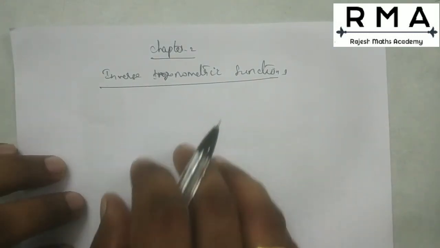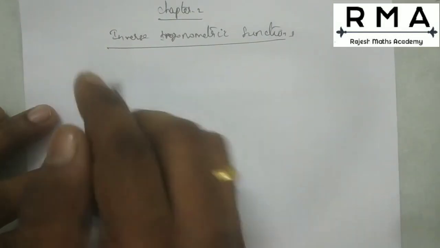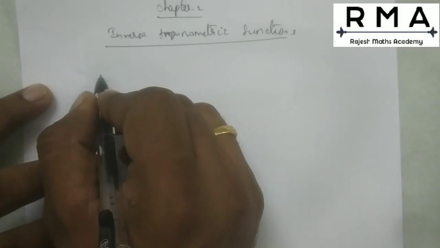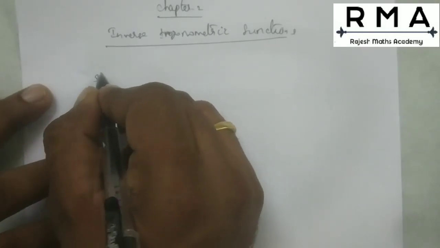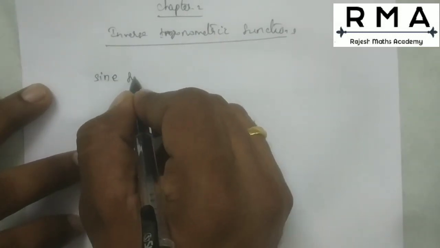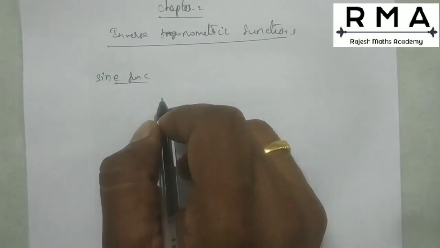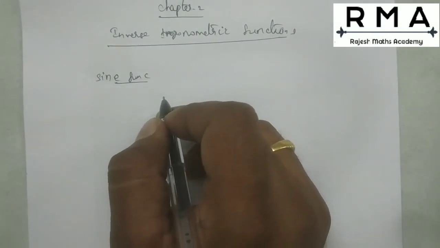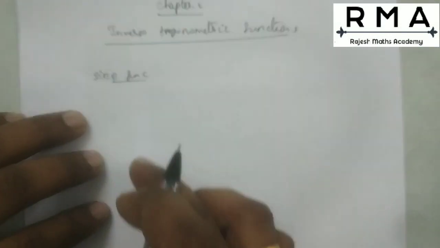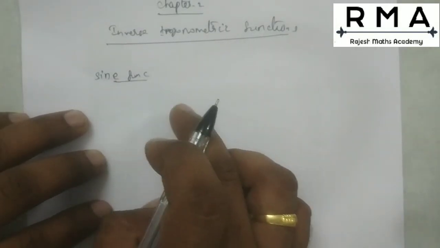Before that we will see the basic concepts from plus one, that is the sine function. We know the 6 trigonometric ratios. First is the sine function: what are its domain and range? Similarly, for all 6 trigonometric ratios we will write the domain and range.